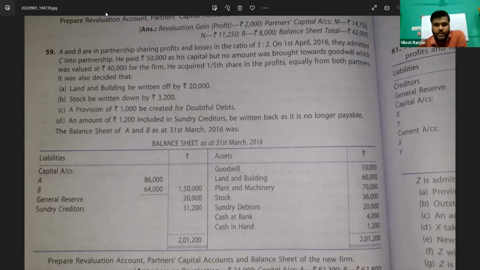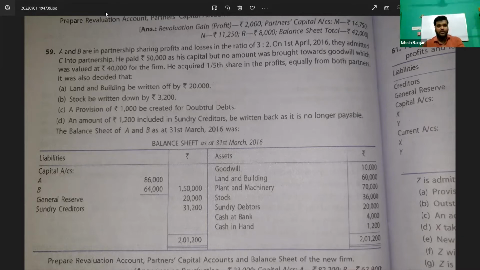Okay, there is a different accounting treatment for this. I will explain it to you. He acquired 1/5 share in the profits equally from both partners. So he is getting his share from both the partners equally. And it was also decided that land and building be written off by 20,000, stock be written down by 3,200, a provision of 1,000 be created for doubtful debts, and an amount of 1,200 included in sundry creditors be written back as it is no longer payable.